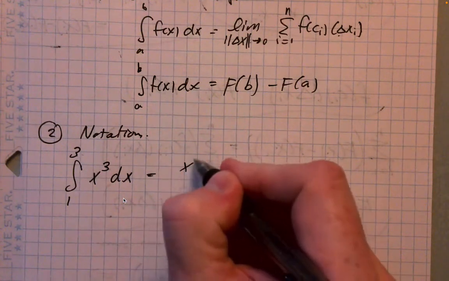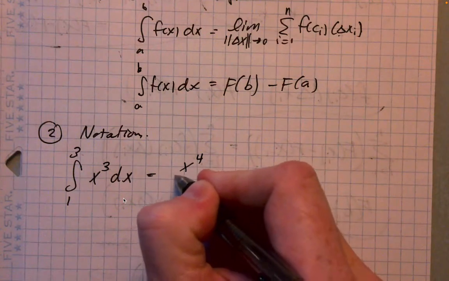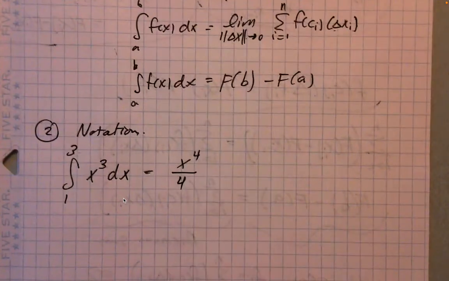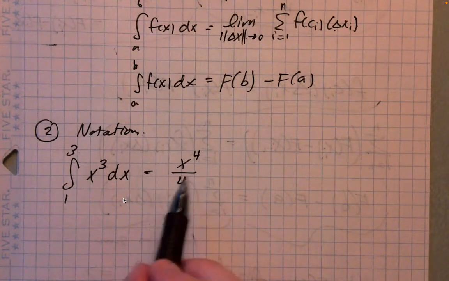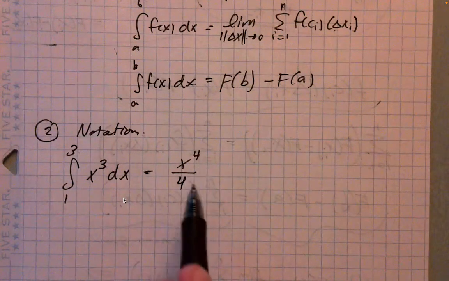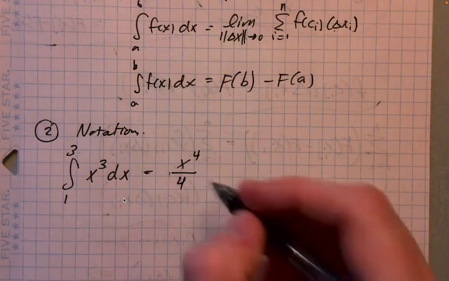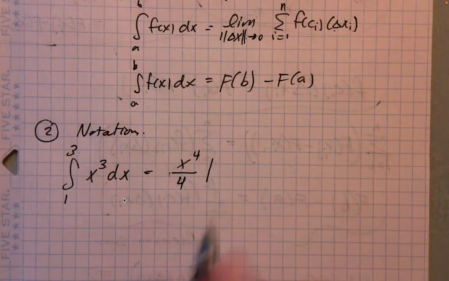We know that they are all of the form x to the 4th over 4. Now we're going to leave off the plus c for now, and we'll get to that in a second. But let's pretend there's no plus c here. So generally the antiderivative would be x to the 4th over 4 plus some constant. Leave off the c for now. We'll talk about it in a second.